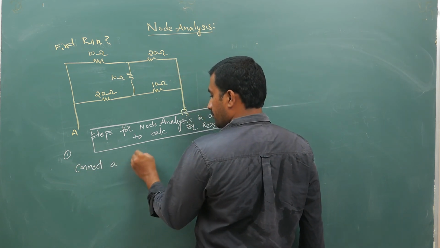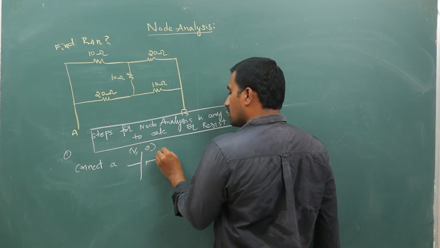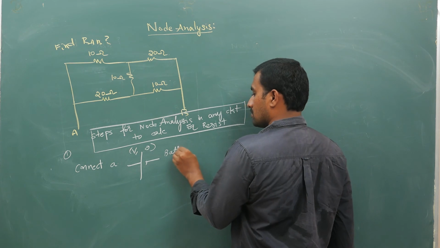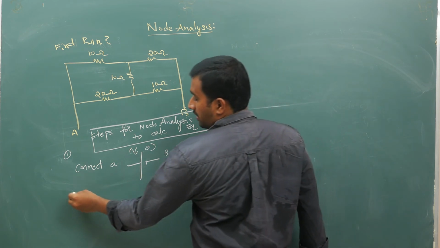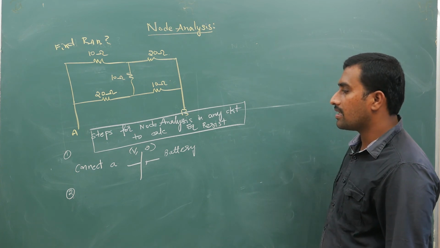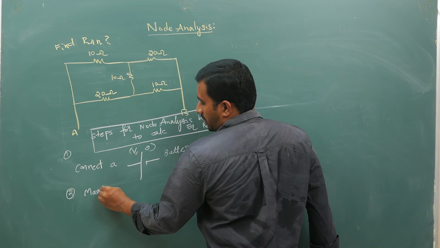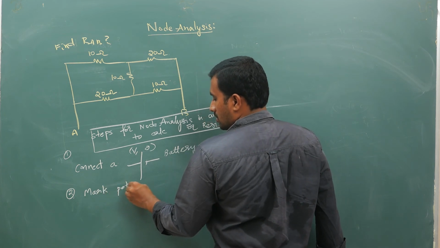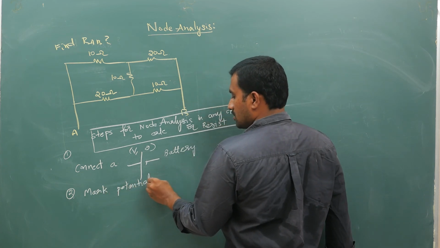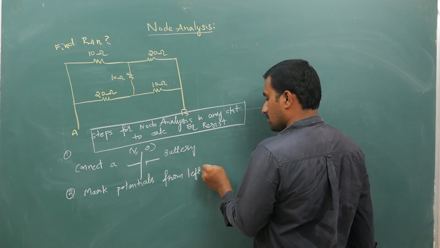connect a V0 volt battery. Next, second step. First step is connecting a battery like this. Second step, mark potentials from left side.